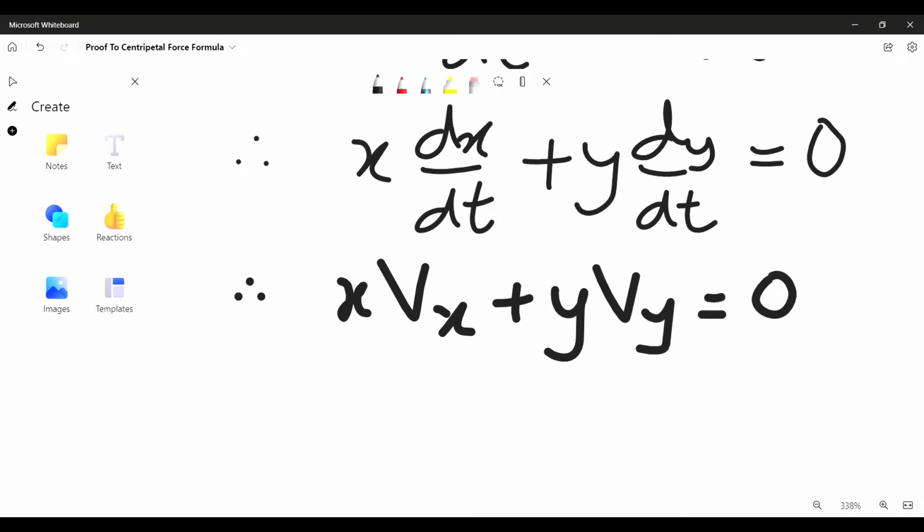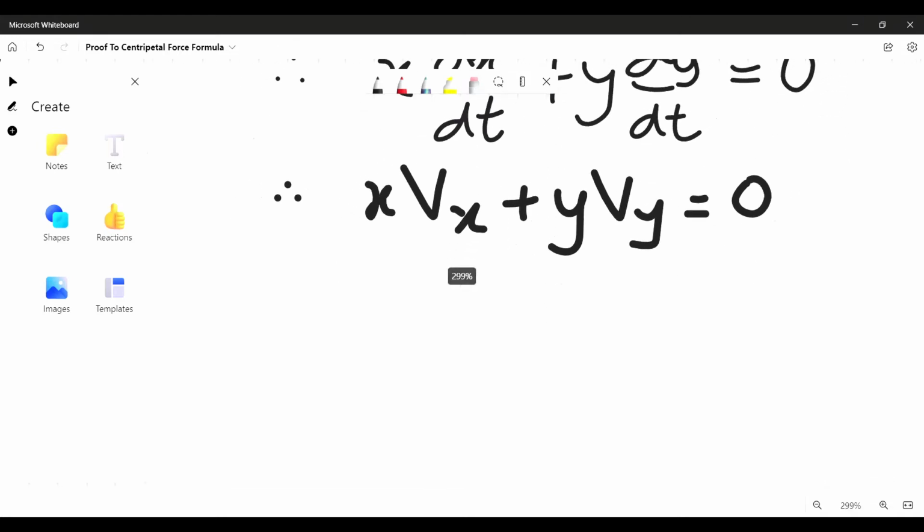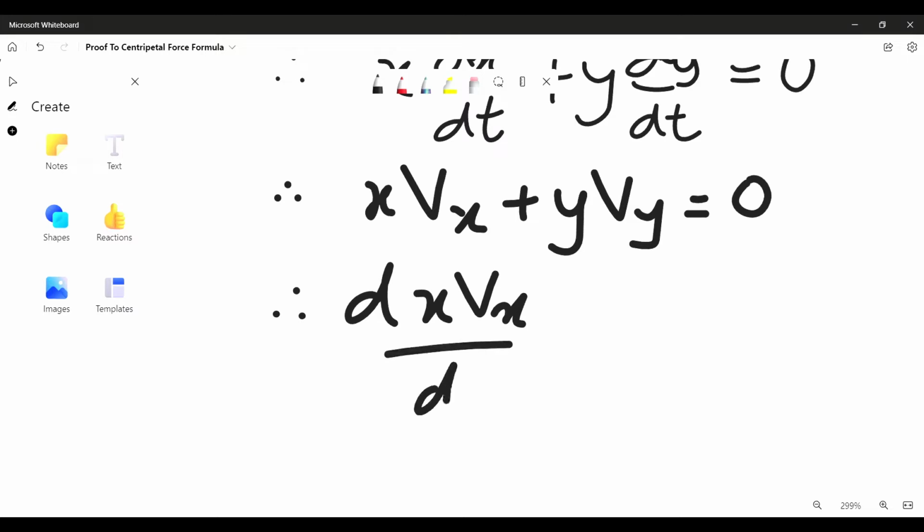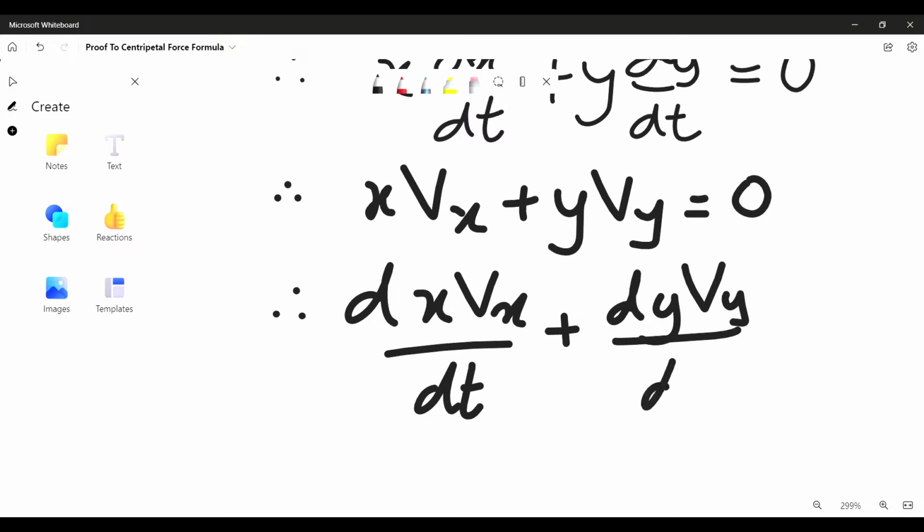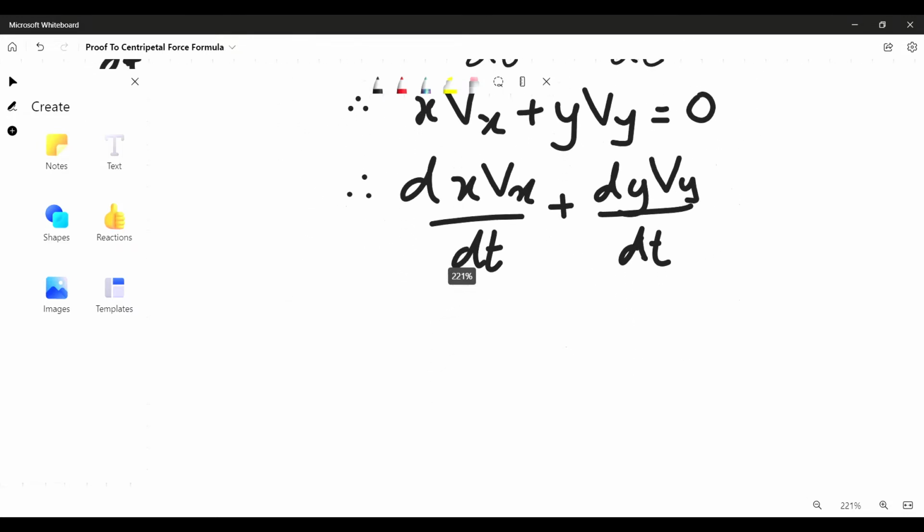Now let's differentiate this again with respect to t, and we'll get into the logic behind why we're doing this. The main idea is that force, as we know by Newton's second law, is related to acceleration, and we want to obtain an expression for the centripetal acceleration.